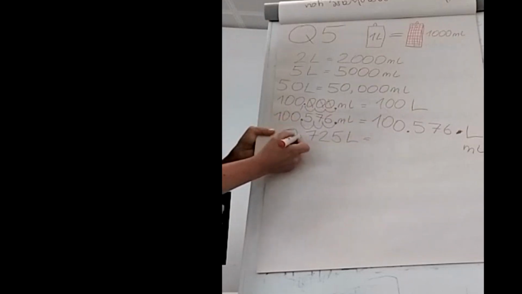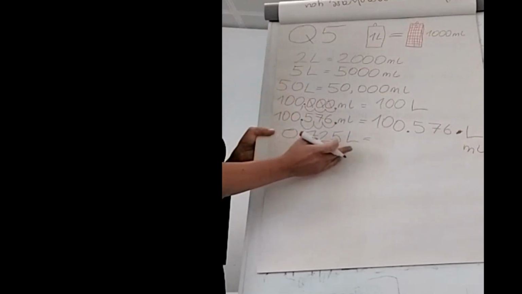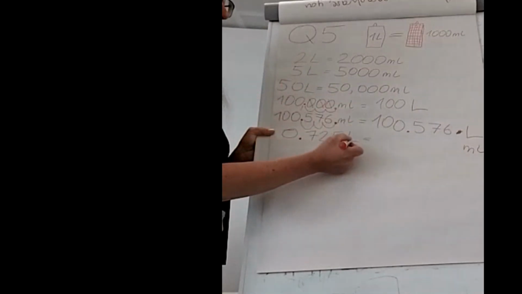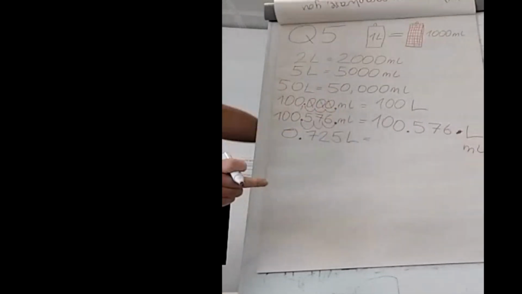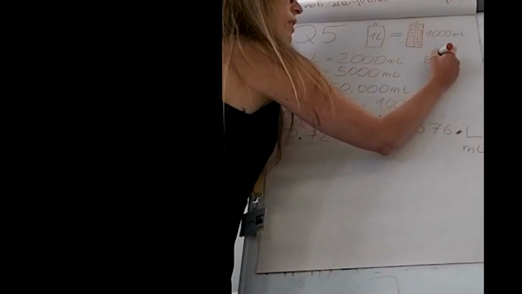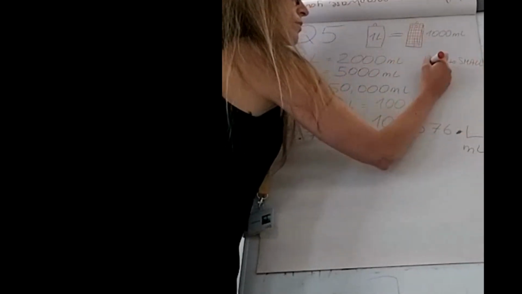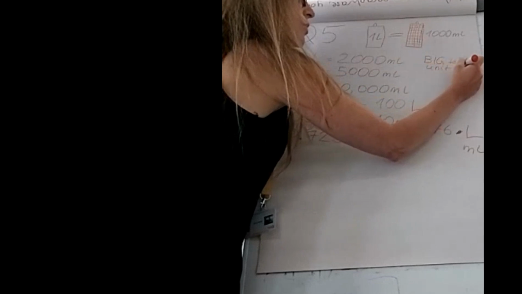Okay. So we have the dot here. We definitely have to move it somewhere. We have liters here. So do you remember? We have this one, big to small to the right. It also applies here. Big to small unit is to the right.